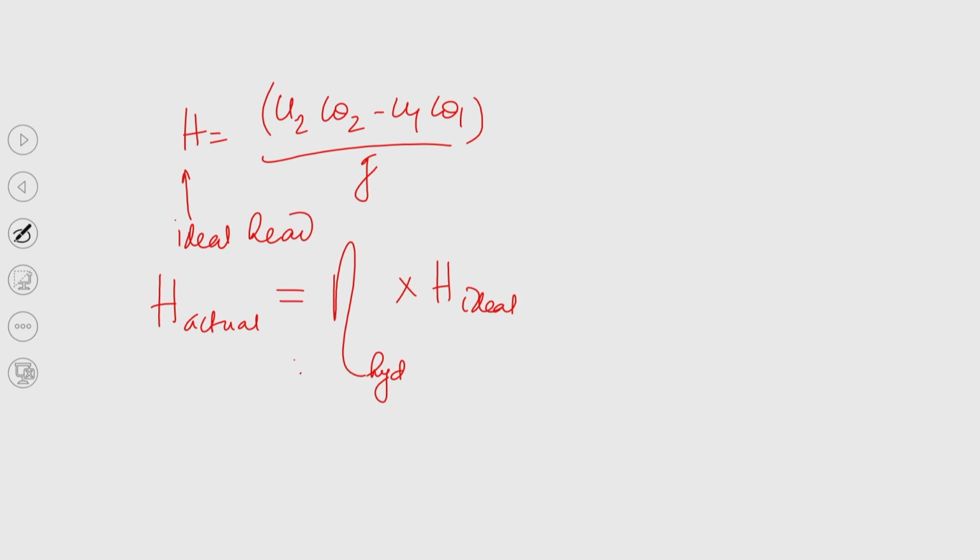So, basically this factor eta hydraulic will be definitely less than 1. So, that the actual head will be always lesser than the ideal head, and this eta hydraulic, which is nothing but H actual by H ideal, which is known as hydraulic efficiency of the pump.